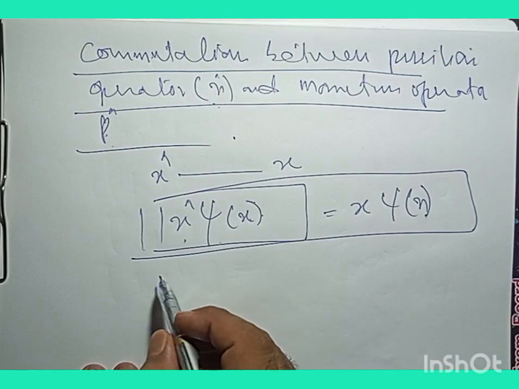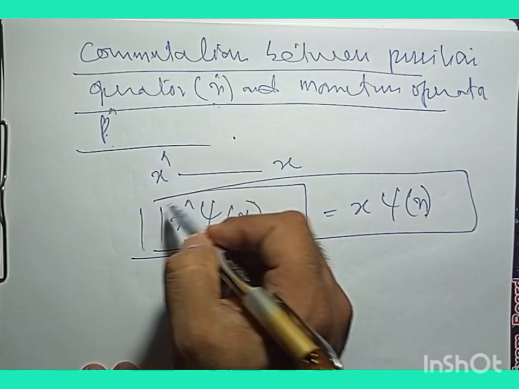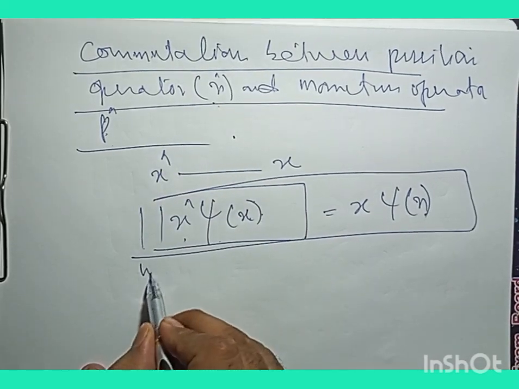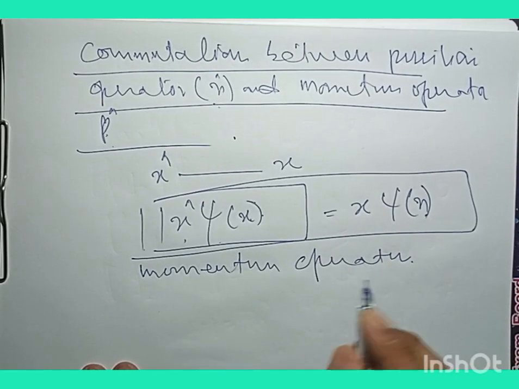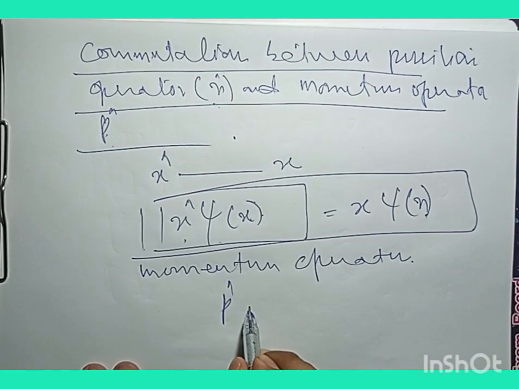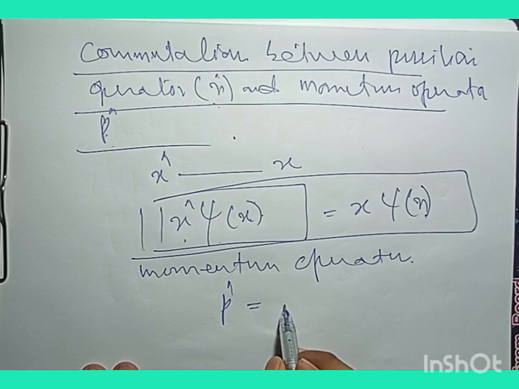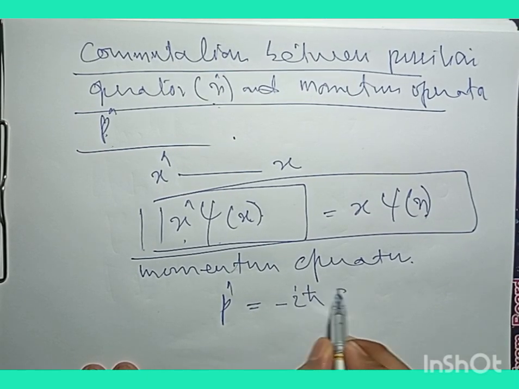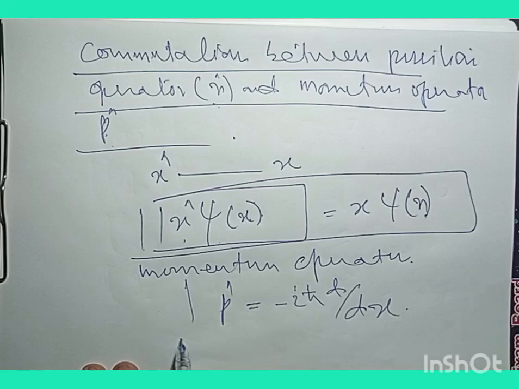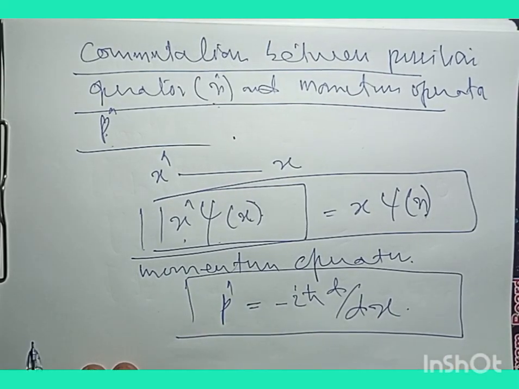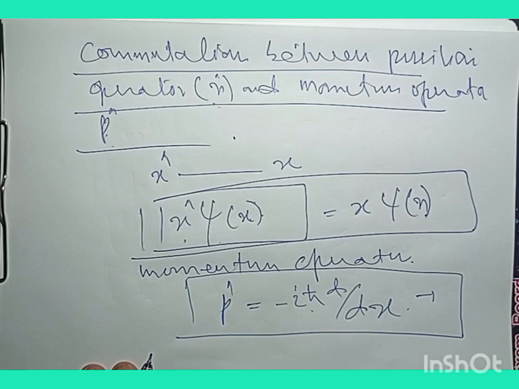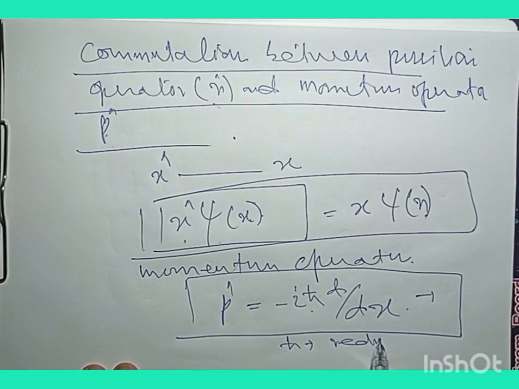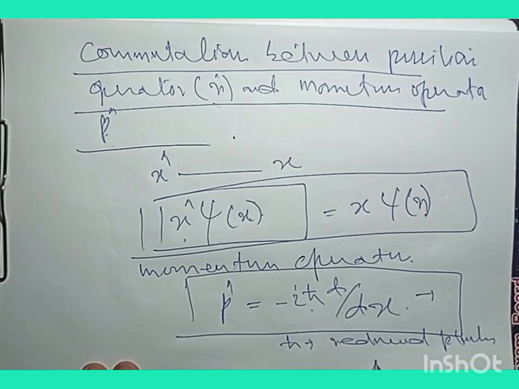And similarly, we have a momentum operator. So this is our position operator, and we have a momentum operator. This momentum operator is p cap, and p cap is, by definition, minus i h cross d by dx if we are choosing a one-dimensional problem along x, where h cross is called the reduced Planck's constant.